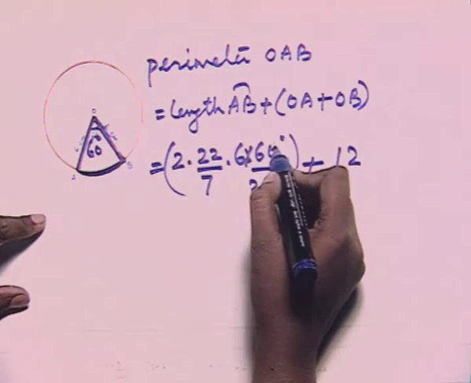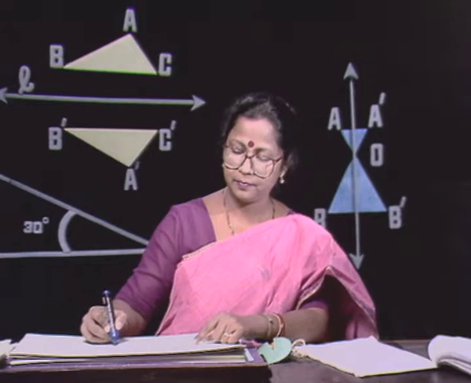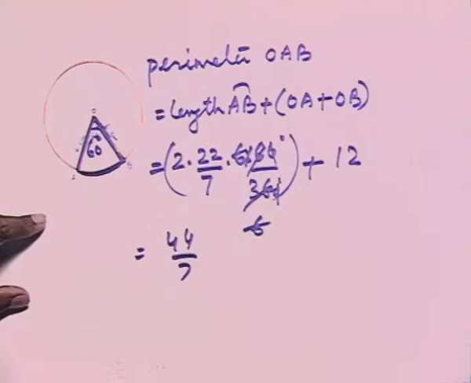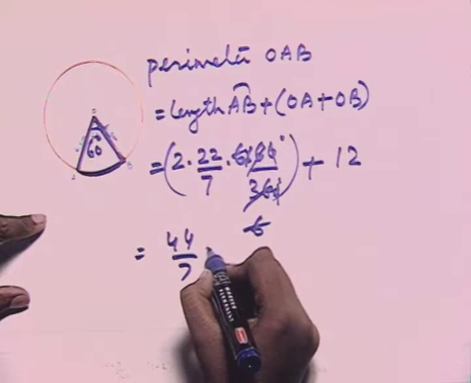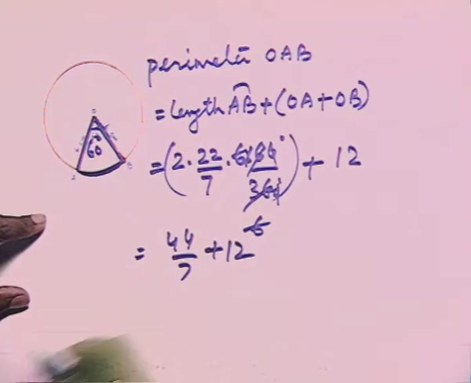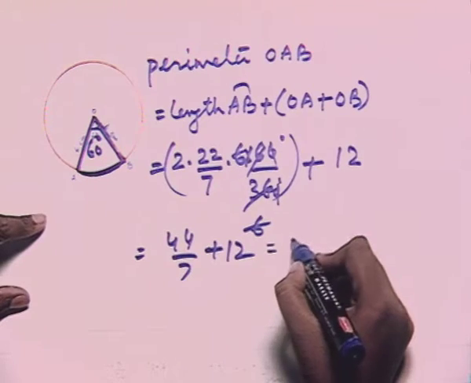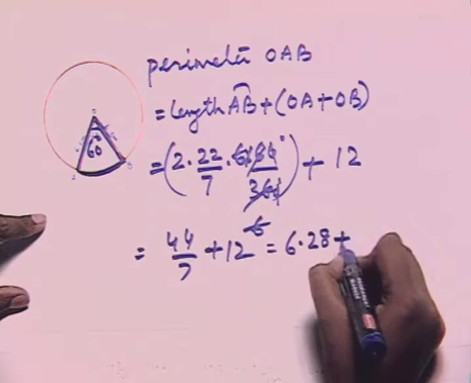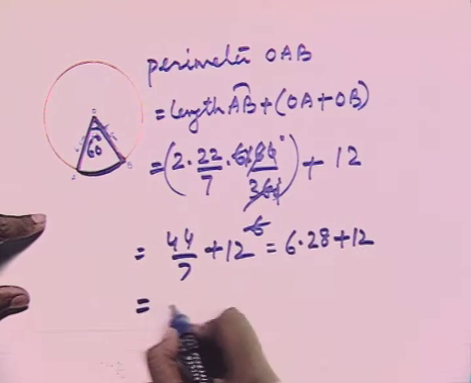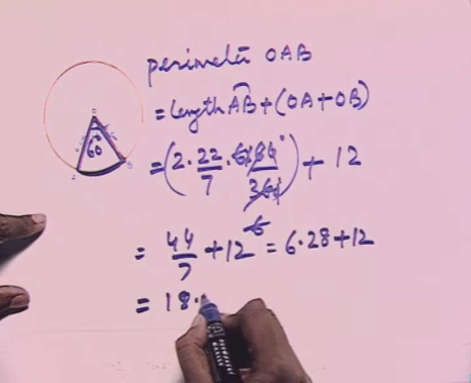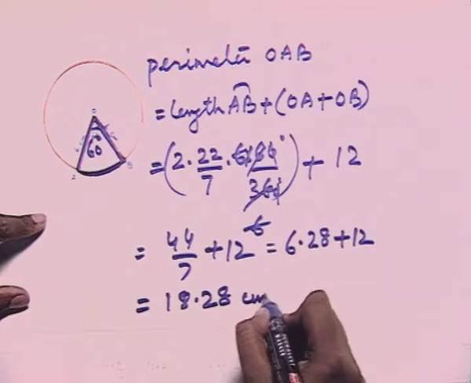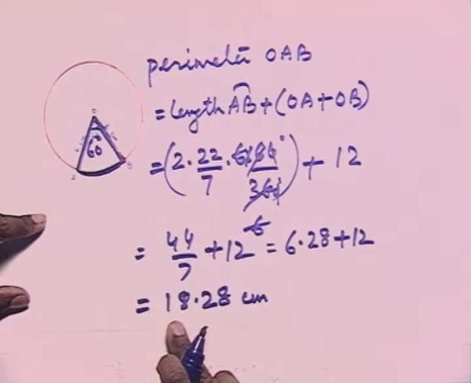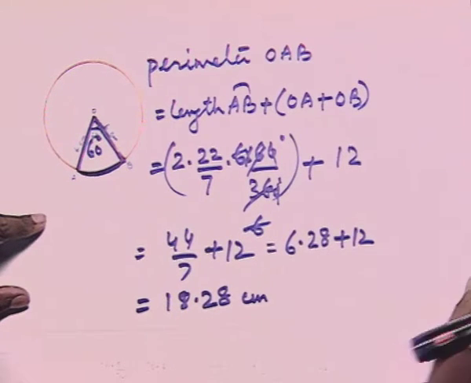We get here, this is 44 upon 7 plus 12, which is equal to 6.28 plus 12, which is nothing but equal to 18.28 centimeters. So, the perimeter of this sector is equal to 18.28 centimeters.